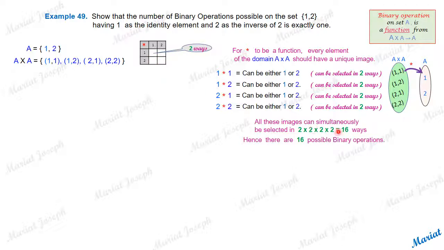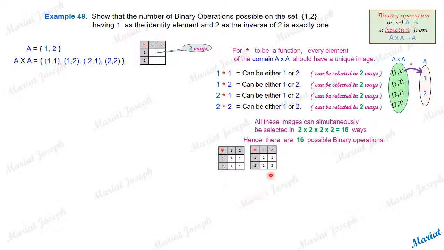All these images can simultaneously be selected in 16 ways. So there will be 16 possible binary operations, out of which one may look like this by choosing one in every place. Here you had two options, either 1 or 2. I chose 1. Here also you had two options, 1 or 2. I chose 1. So this is one possible binary operation.